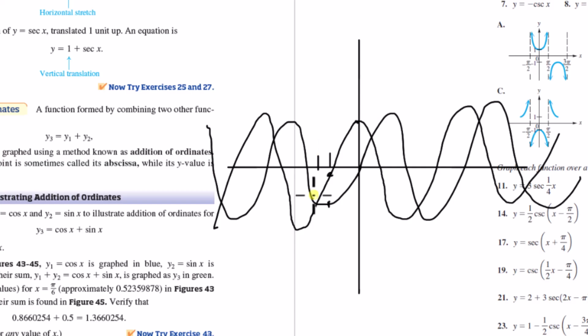Coming to this x value, adding these two, they're the same. Coming here, it's not going to change. It's 0 plus whatever this is, right? That's how you can think about adding functions. You go to a common abscissa and add the ordinates. This subtracted from this. Okay, let's work some example problems.